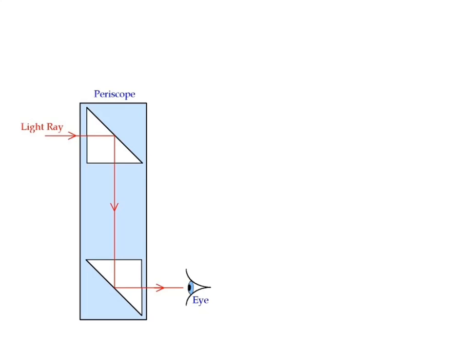Another use is a periscope. Now you can make a periscope with mirrors here, but the trouble with mirrors is they've got a glass front and a silvered back, and you can get sort of double reflections when you're using two of them like this.